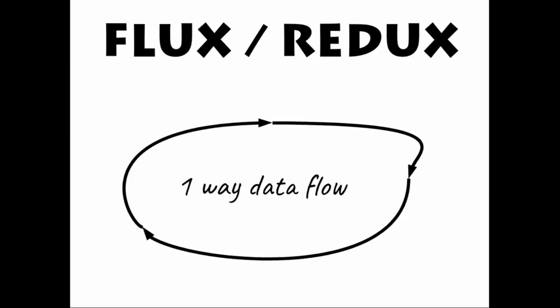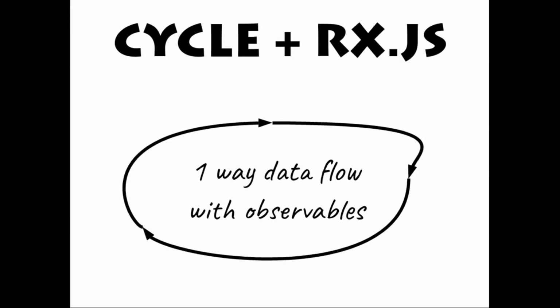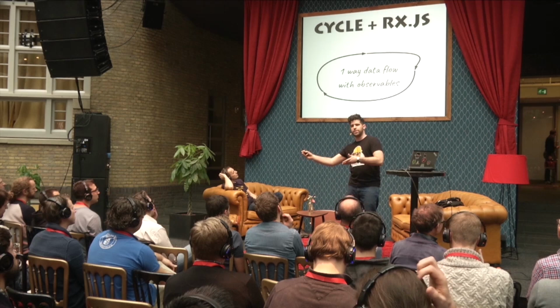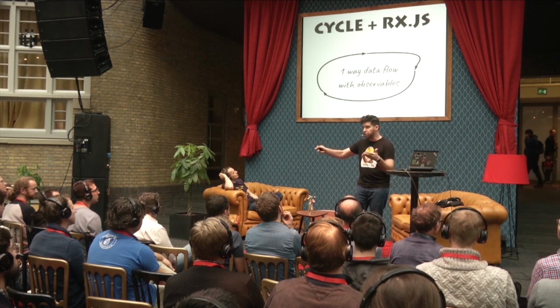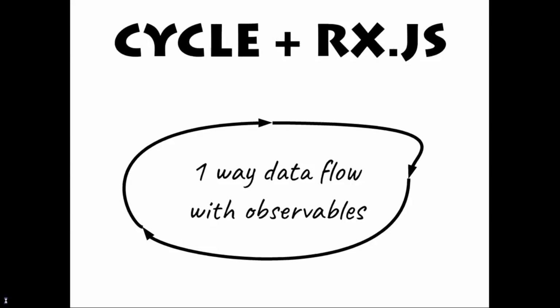Just as a short explanation, Flux and Redux talk about one-way data flow. We heard it over the past 15 lectures, but it's a new way of thinking, and apparently if you use this paradigm, you get much better debugging tools. So it's worth exploring. And Cycle with RxJS and NGRX talk about the same thing but with observables.